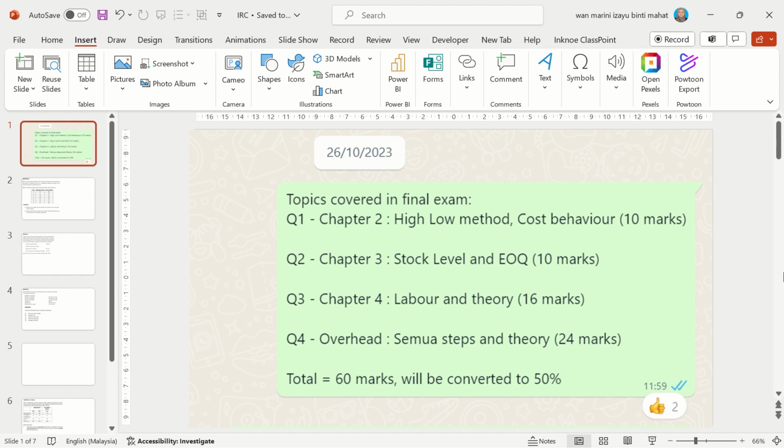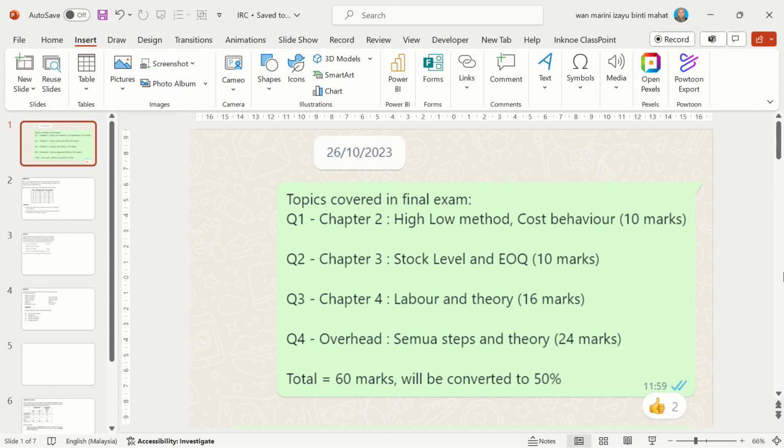And the last question would be overhead, where the maximum marks is allocated, 24 marks, because it will cover all the steps involved from allocation up to apportionment, reapportionment, and overhead absorption rate, the calculation for OHA, plus some theory questions.